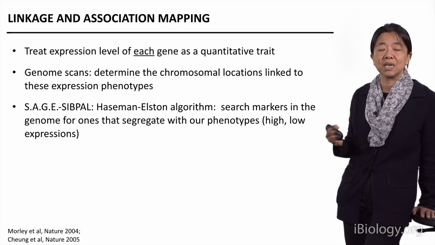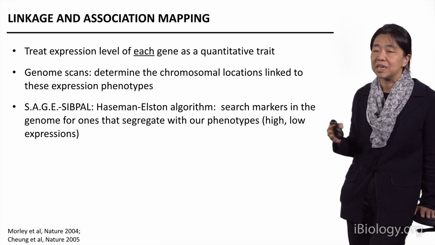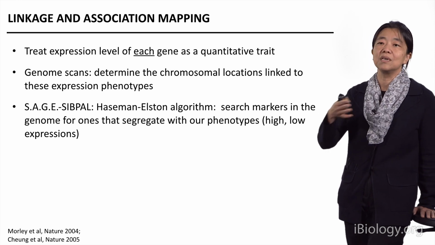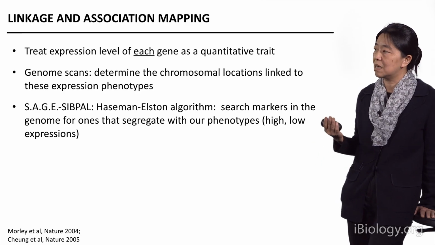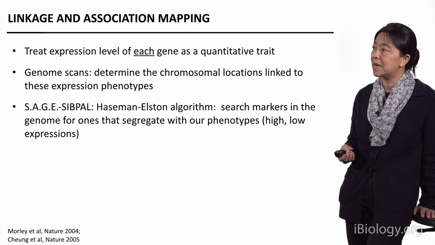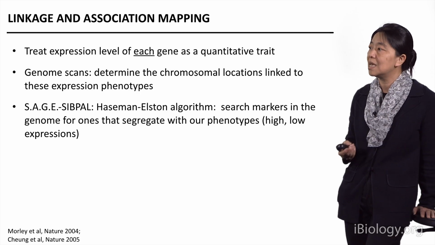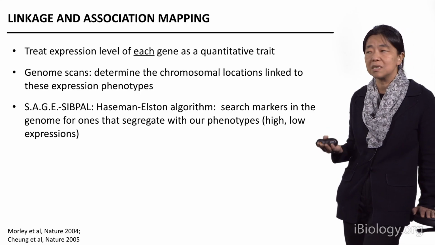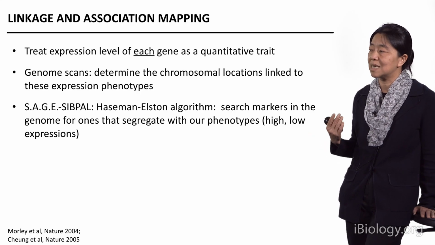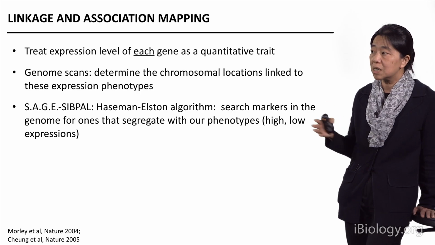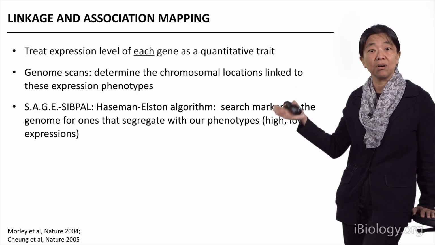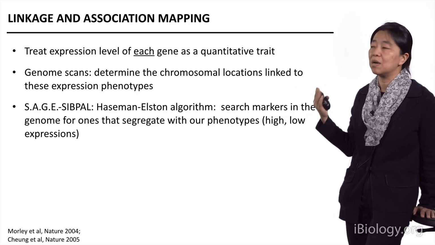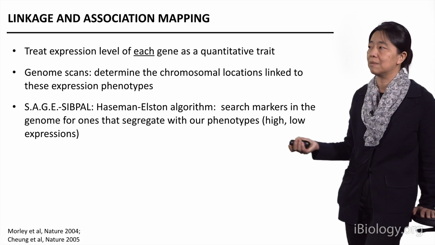And just to give you some details, the method that allows us to track both the chromosomal region as well as the phenotype is an algorithm developed by Haseman and Elston. Together they are called the Haseman-Elston algorithm. Basically, as I said, they search the markers in the genome for ones that segregate, pass along in families, with high or low expression level of genes.